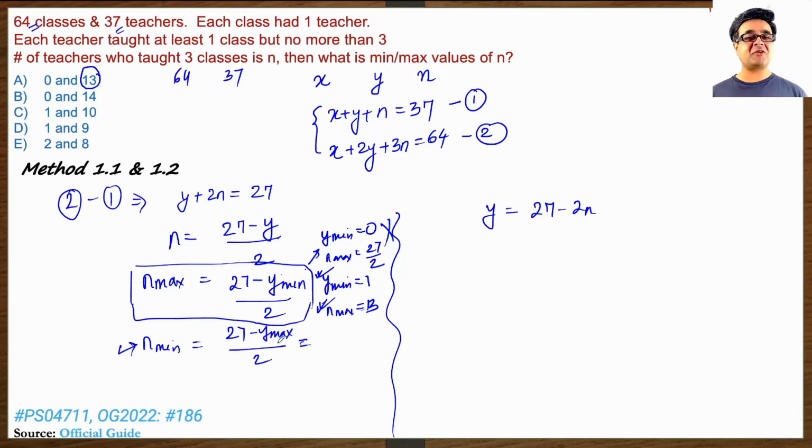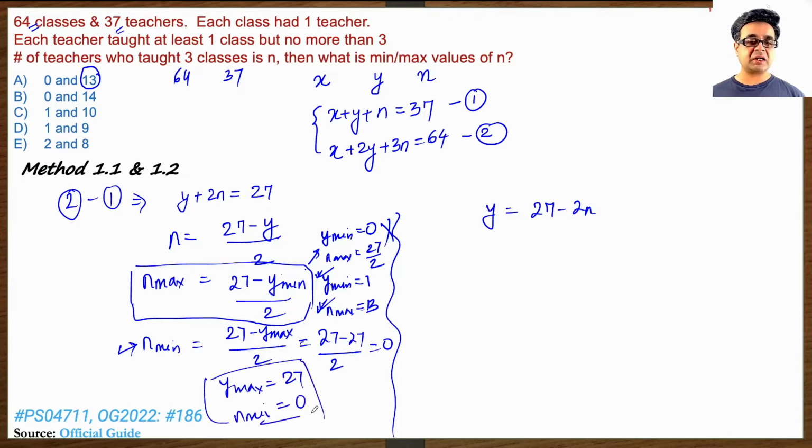So the maximum value of y could be 27, which means you would have 27 minus 27 by 2 equals 0. So y max equal to 27 and n min equal to 0. This is your other set of equations. As you can see, n minimum also follows choice number A.